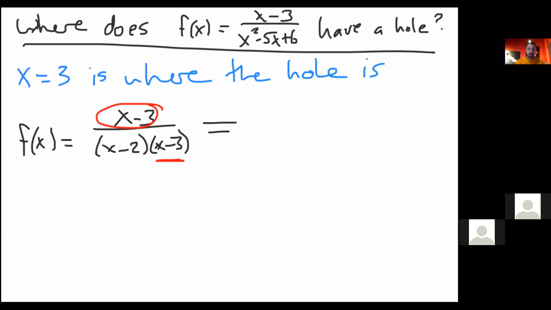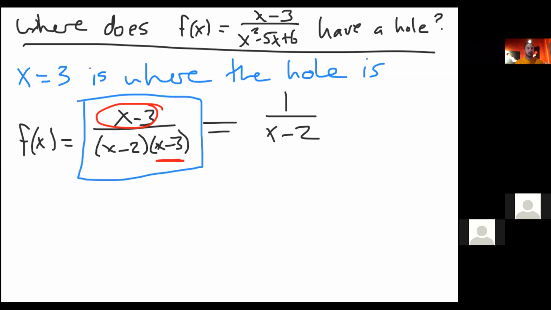And that's when we get that type of behavior where, as x approaches 3, it's really just going to act like 1 over x minus 2, because the x minus 3s are balancing each other out. But if I'm considering my original function, I still can't ever plug in the value 3 because I would still get 0 in the denominator.